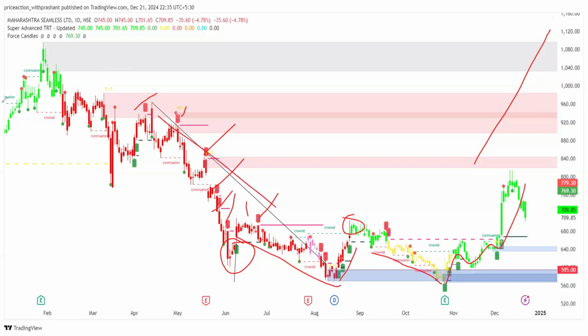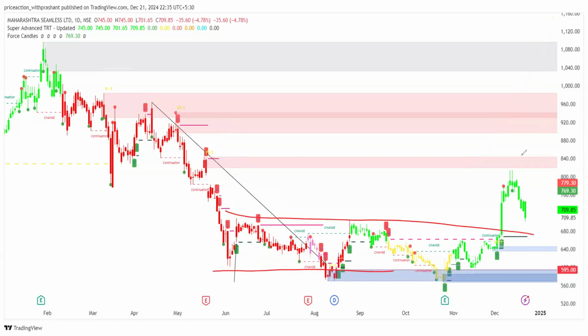So this can be a double bottom formation, or it can also be a schematic sideways price action. This is the spring, this is the secondary test, and after that, one can look to buy. Right?